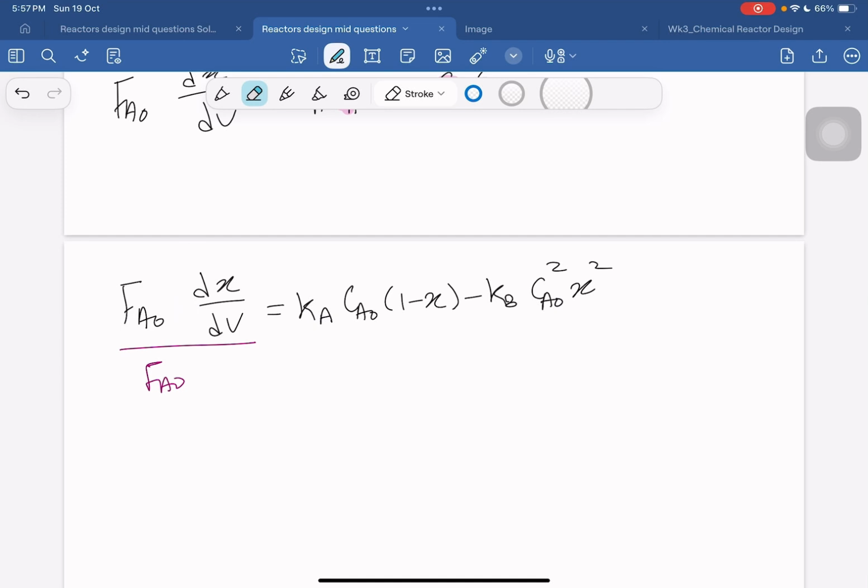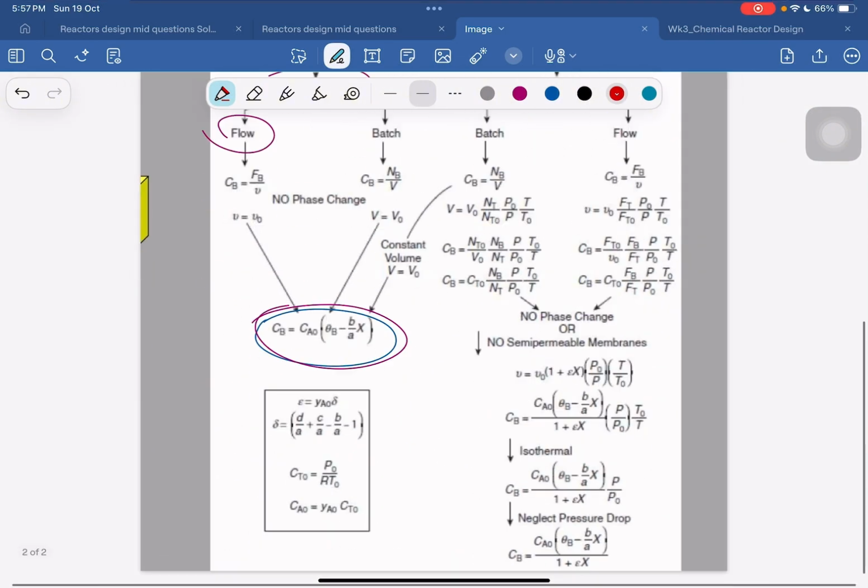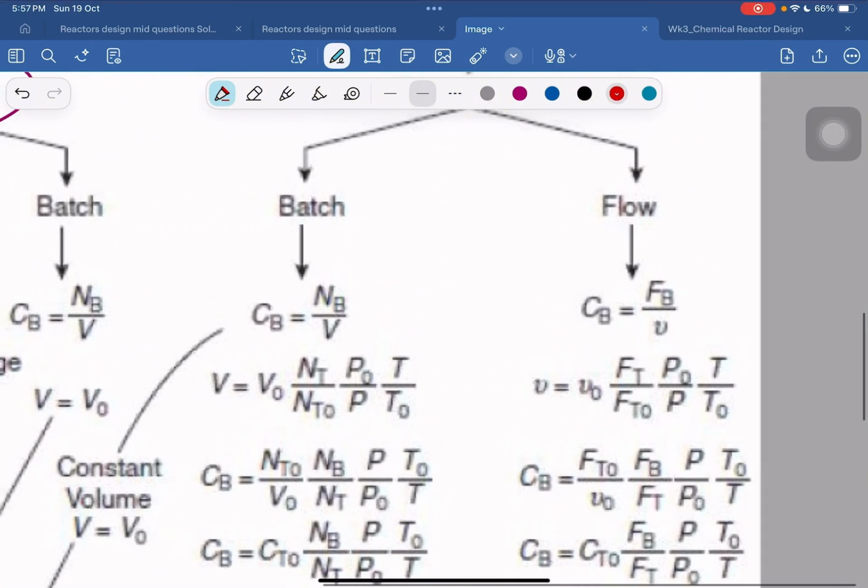Okay, so Fa naught over Fa naught, this will cancel this. Then dx over dv is equal to, we know that for Fa naught, the C of anything is equal to F over the volume.